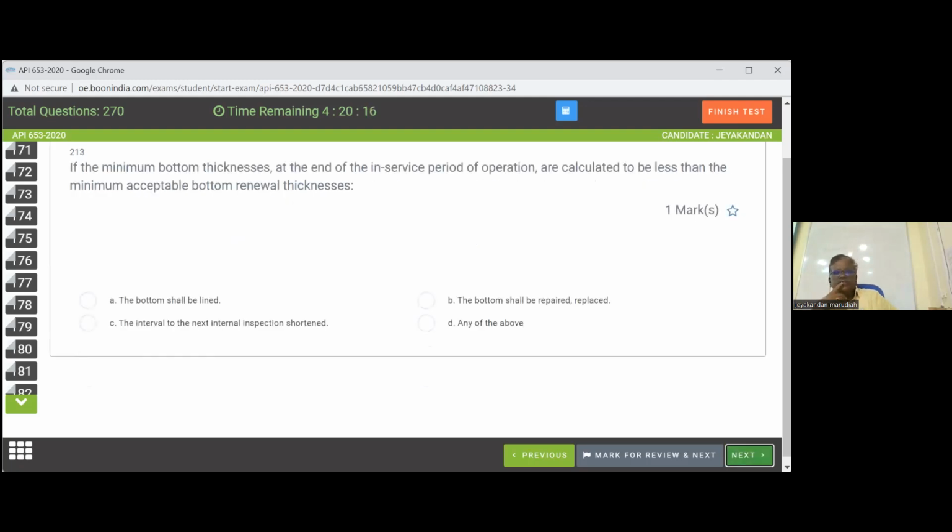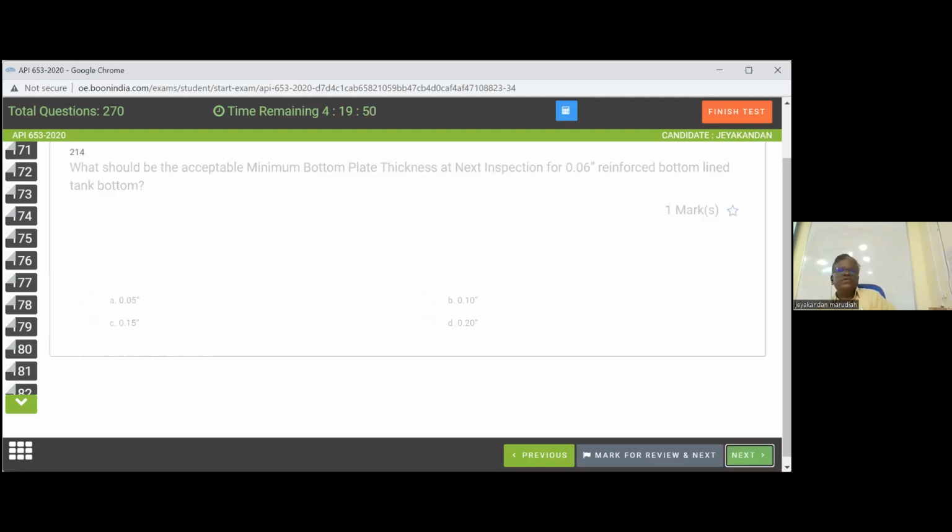If the minimum bottom thicknesses at the end of the in-service period of operation are calculated to be less than the minimum acceptable bottom renewal thickness, I told you we have three options. We can go for lining, we can go for cathodic protection, or we can reduce the inspection interval, or we can repair also. The bottom shall be lined, the bottom shall be repaired or replaced, the interval to the next inspection reduced, any of the above we can do. Next.